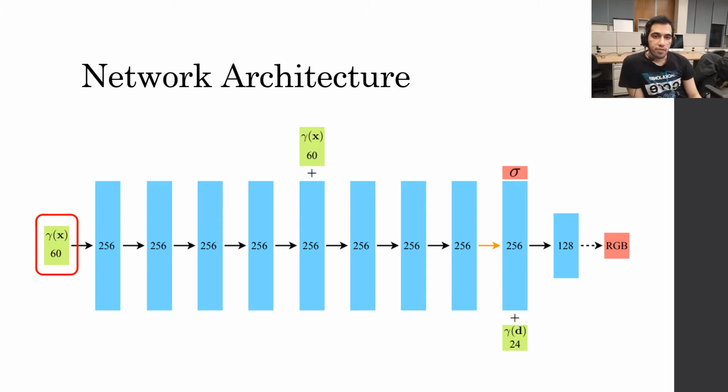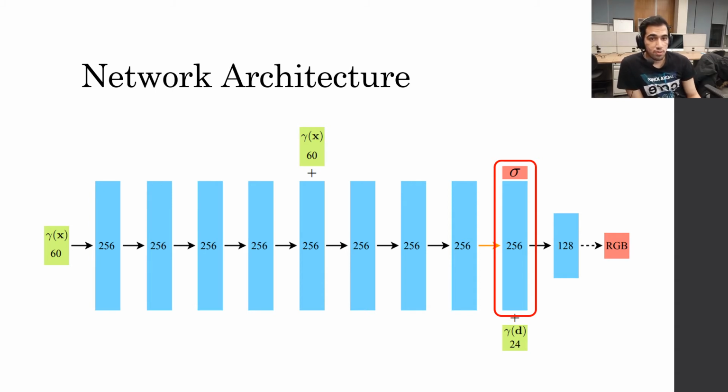After that, we are going to pass our position encoding data in a 9-layer linear network, and as output, we're going to get 256 features, which we're going to use for the next part, and also our density parameter, as you could see here. However, in the middle of the network, we are still going to pass the encoded position to our network in order to solve the vanishing gradient problems.